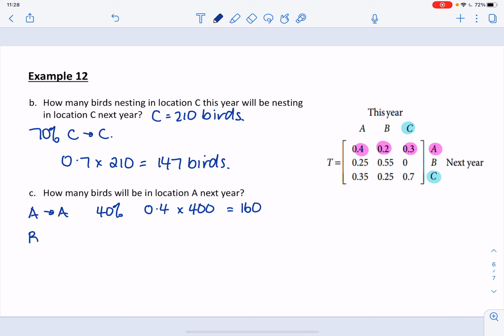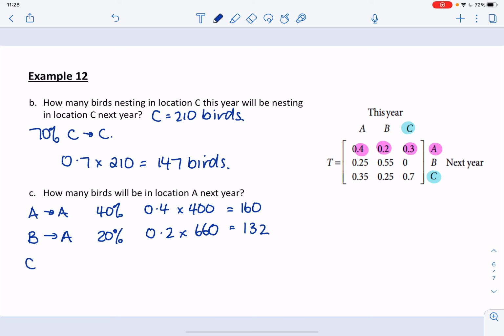Now we're going to go location B through to location A, and we have 20% or 0.2. So that is 0.2 times 660, and you end up with 132 birds there.